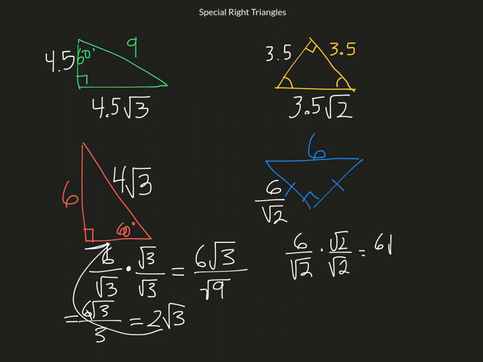So this is going to be 6 times the square root of 2 over the square root of 4, which is 6 times the square root of 2 over 2. Remember, the square root of 4 is 2. Again, I can simplify the integers, 6 and 2, and 6 divided by 2 is 3 times the square root of 2. So both of these sides are 3 times the square root of 2.